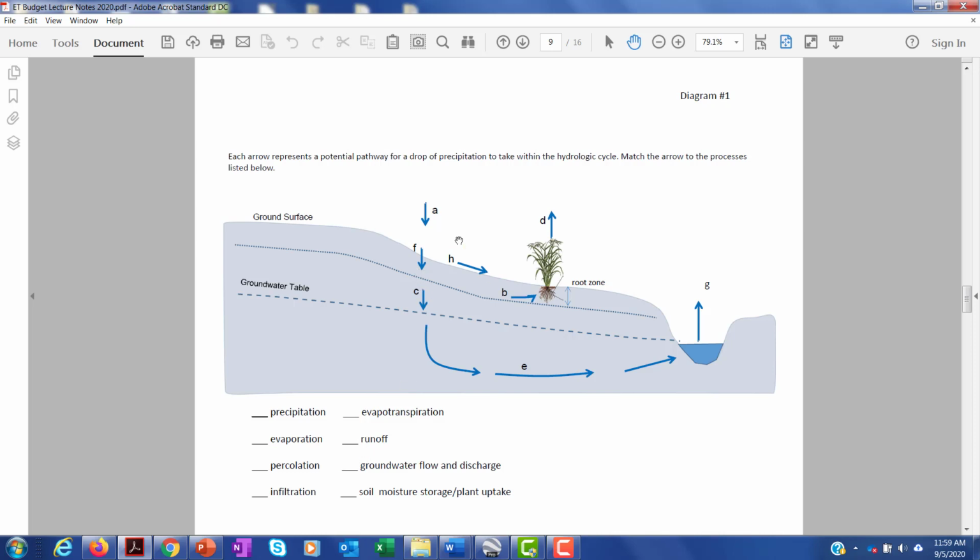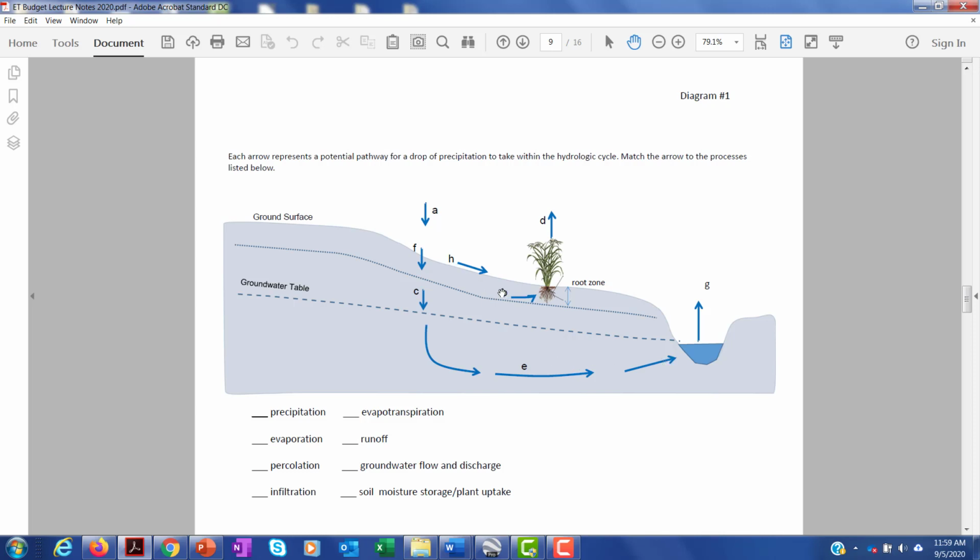That's H, runoff. If it does make it through the soil and gets below the root zone, let's say, of where plants are, it'll percolate. C is percolation down and recharge to groundwater. E is groundwater seeping along here at a few feet per day. That groundwater will eventually feed a river or a lake or the ocean.